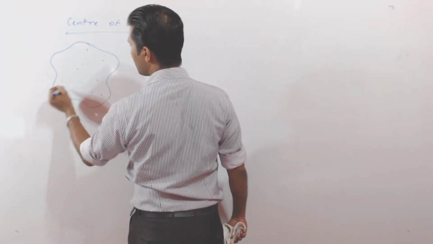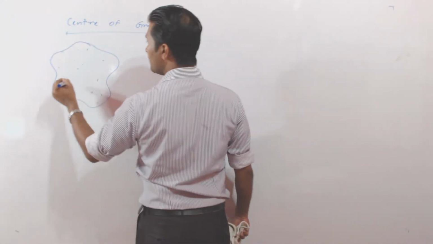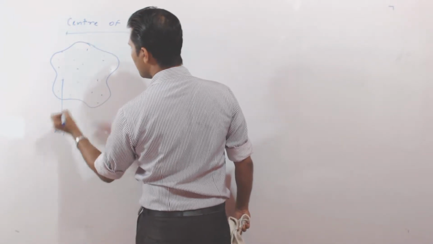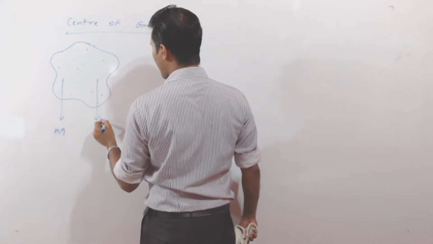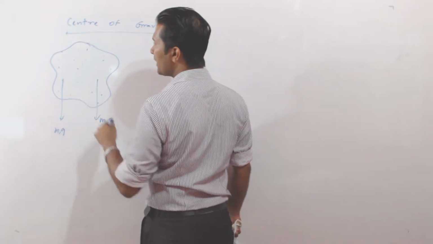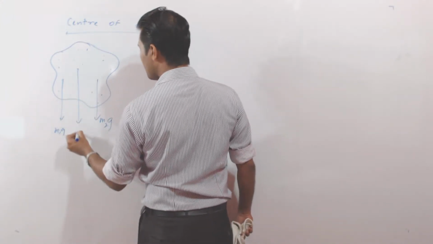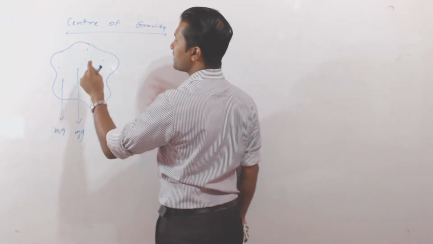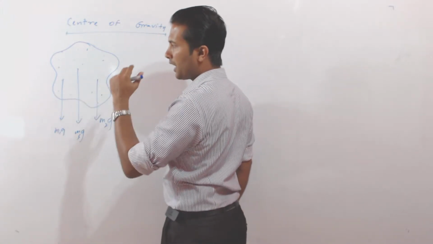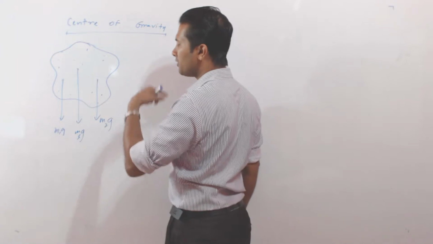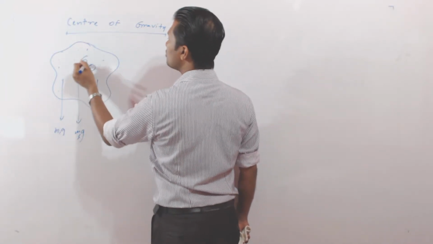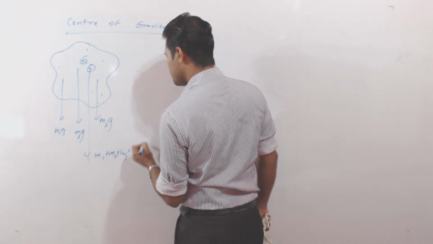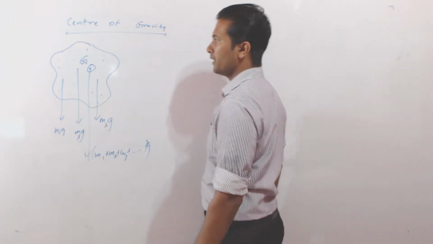When that object is inside the gravity, the parallel force is given by gravity on each and every point mass. As a result, the line of action of the resultant of all these forces goes through a particular point, which is known as the center of gravity.